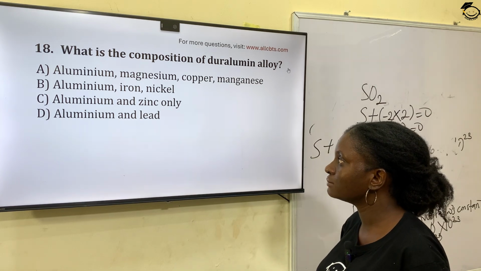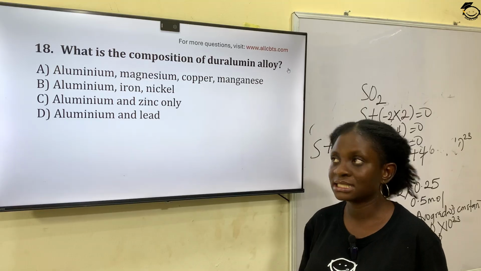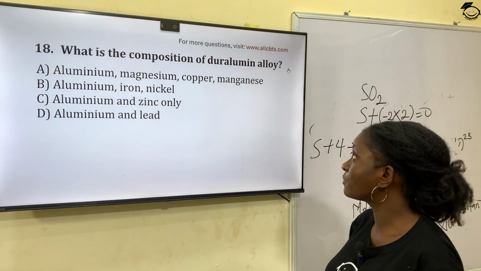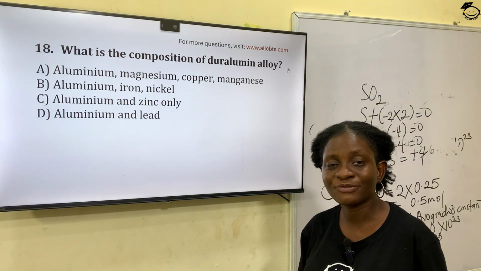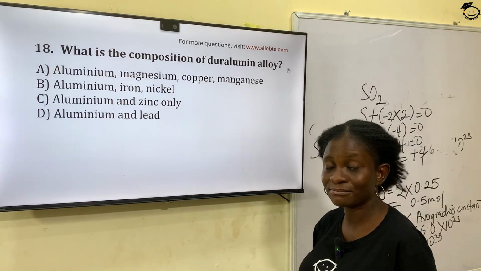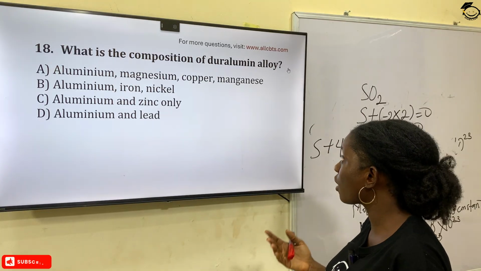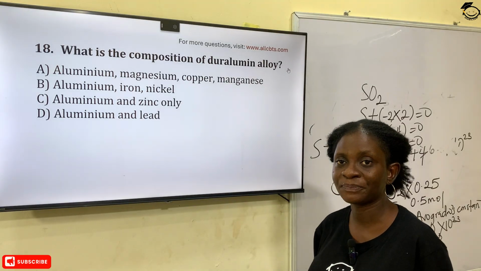C, aluminium and zinc only. D, aluminium and lead. The composition of duralumin alloy is aluminium, which is the base metal, then magnesium, copper, and manganese. Option A is the correct answer.